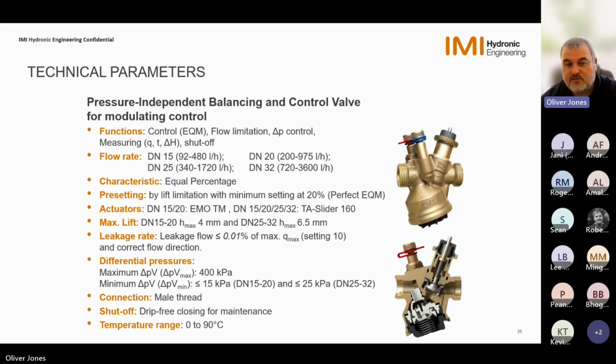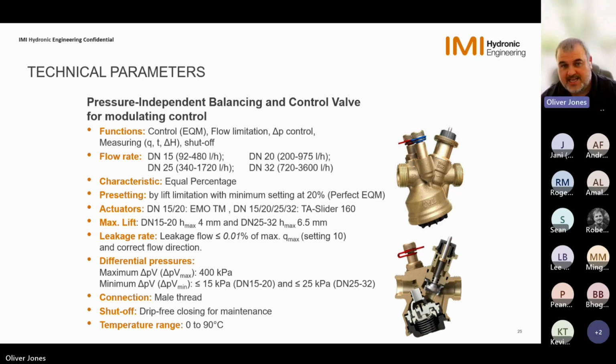We have a leakage flow, as all control valves will have a leakage rate. So the leakage flow is actually equal or less than 0.01% of the maximum flow rate permitted through the valve.